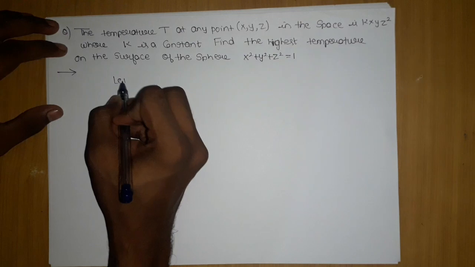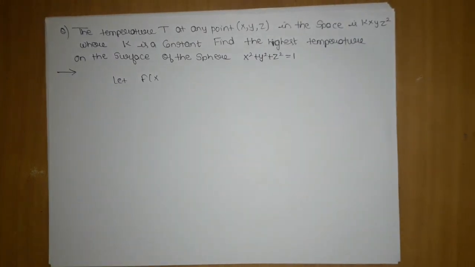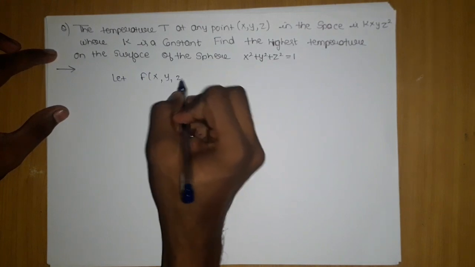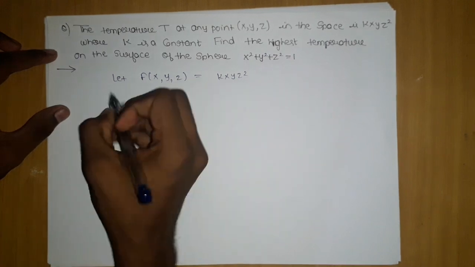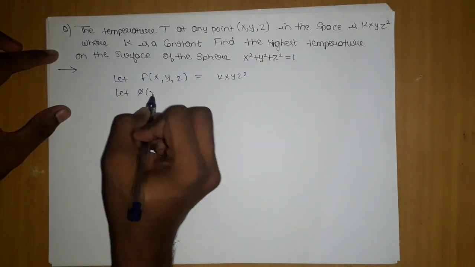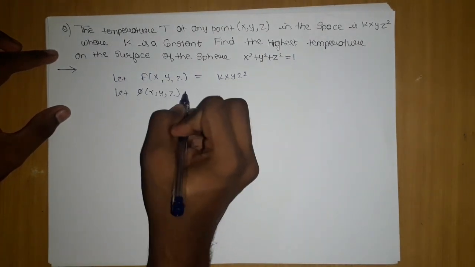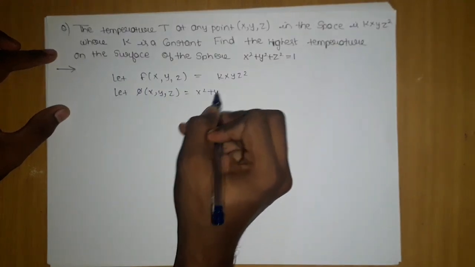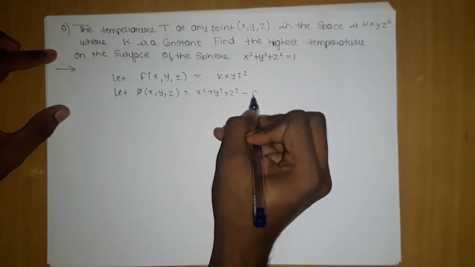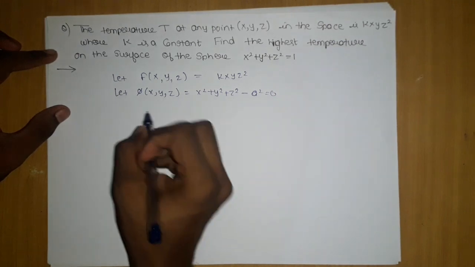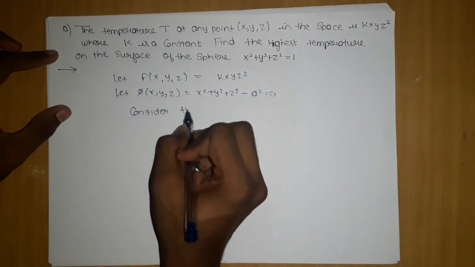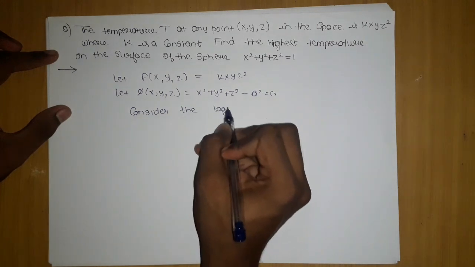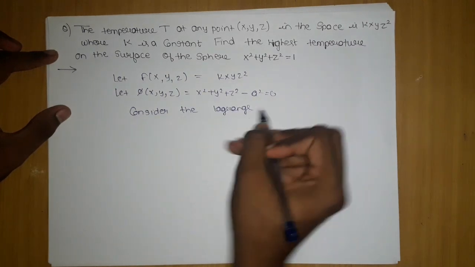So let f of x, y, z be k x y z square. Let phi of x, y, z equal x square plus y square plus z square minus a square equals 0. Consider the Lagrange function.